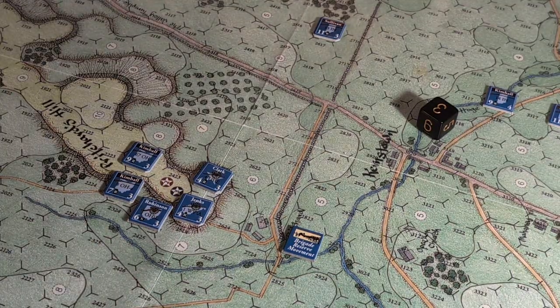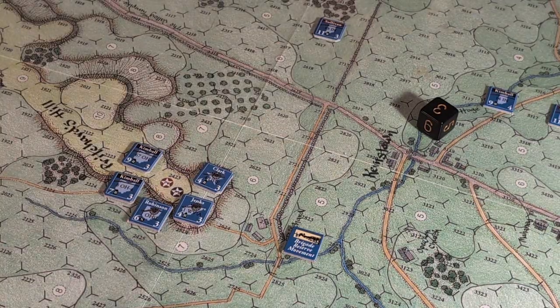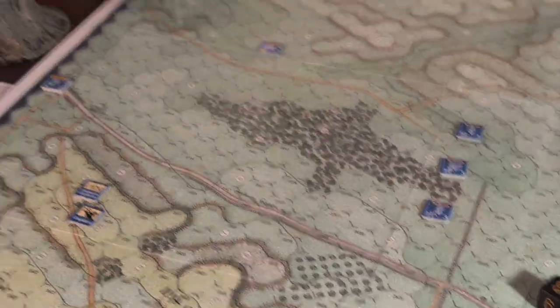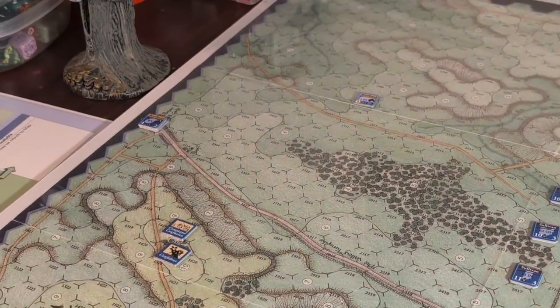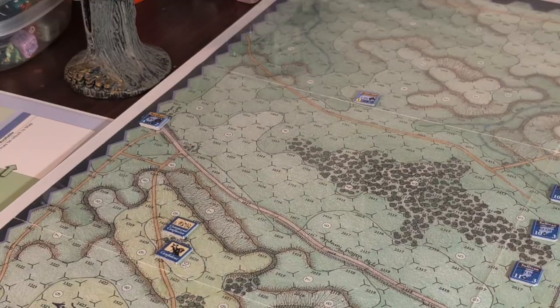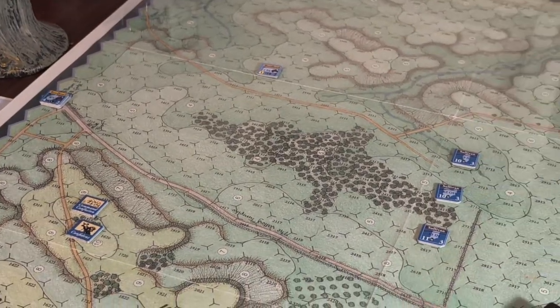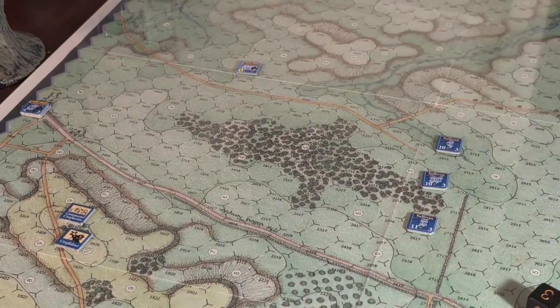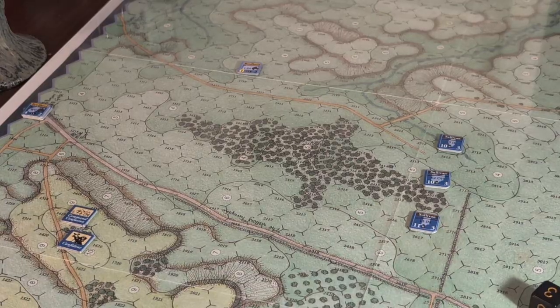Well, we can use, let's see, Brigade Reserve Movement. So it can be used, okay, so I can use those cavalry units back there, Broadhead's, bring them up the pike there. Okay, so we're going to do that.